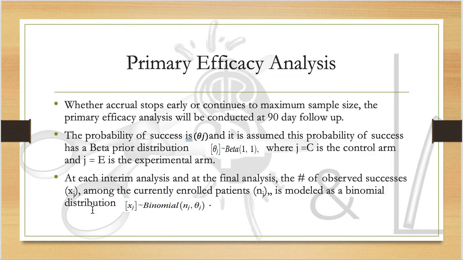At each interim analysis and at the final analysis, the number of observed successes, xj, among the currently enrolled patients, nj, is modeled as a binomial distribution. So we see here xj approximately equal to binomial distribution of nj comma theta j.